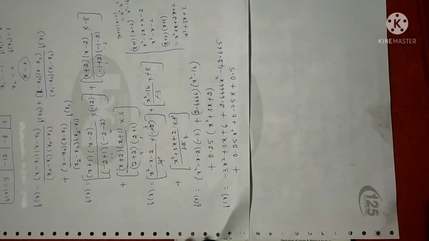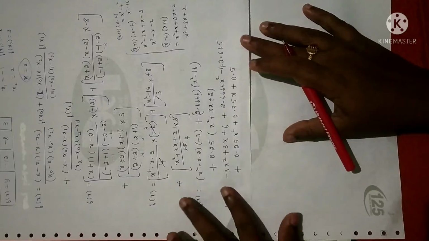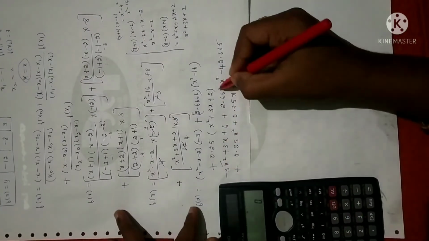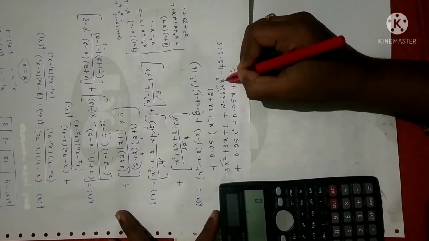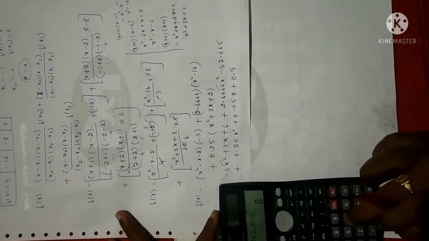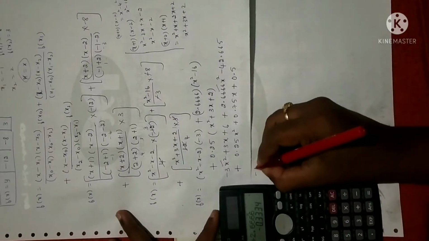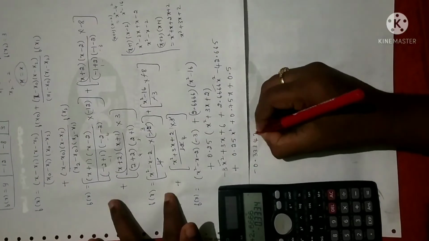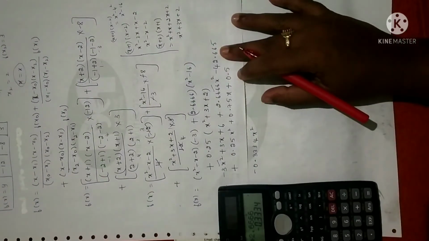Now let me simplify. So in order to simplify, you need to separate the terms containing the same terms. See here, minus 3x square plus 2.666 x square. See here, minus 3 plus 2.6666 will give you minus 0.3334 x square. Why? Because we have simplified x square coefficient.